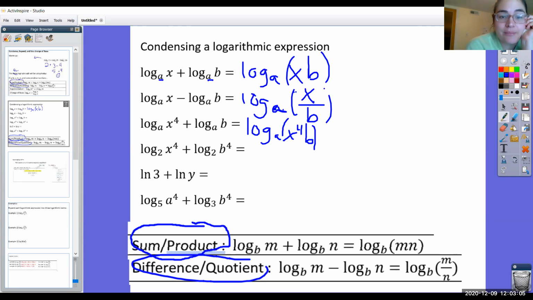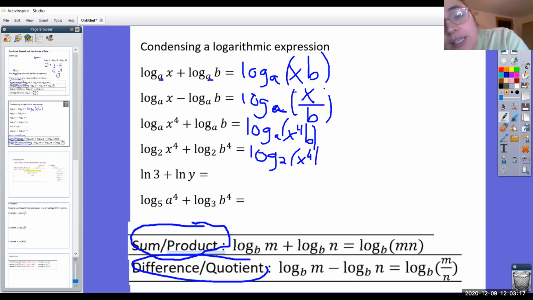But in the next example, we can. So log base 2 of x to the 4th plus log base 2 of b to the 4th. If we multiply that together, we have log base 2 of x to the 4th times b to the 4th, which is the same as log base 2 of xb to the 4th.